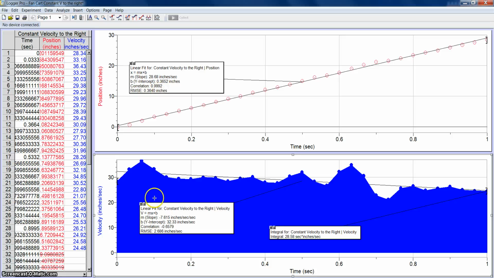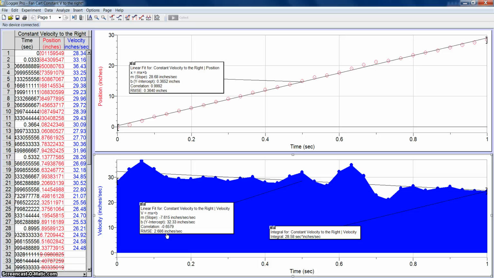Okay, velocity. This is our velocity graph for our position-time graph. We calculated velocity just using the derivative for every point. So here I took a best fit line, and I got that the linear fit for the constant velocity to the right has a slope of negative 7.615 inches per second squared.